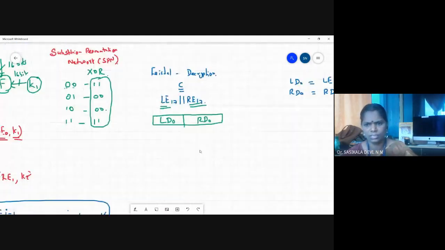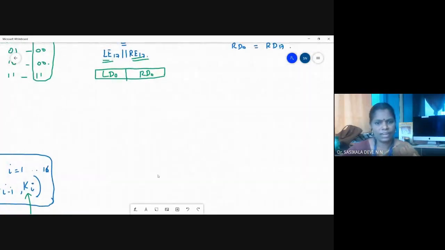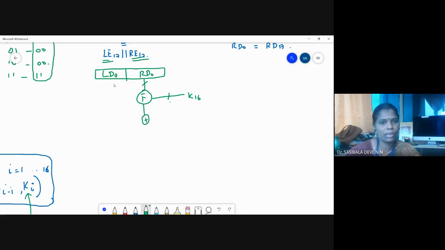So let's get into this. The right side component is given to the same function, and the function remains the same. A function f takes another input, K16, the last key, and the result is XORed with LD0.